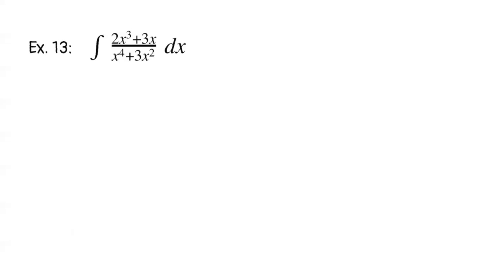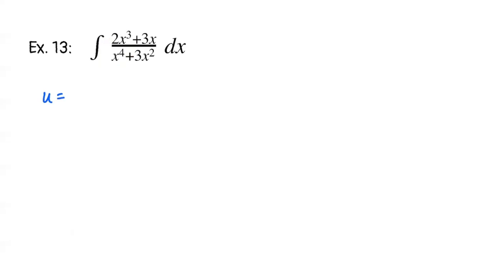All right, so based on the powers that I see, like a fourth power and a second power, and then a third power and a first power, I might notice that if I lose a power from 4, I get 3, and if I lose a power from 2, I get 1. That might be a clue that we're going to use u sub.